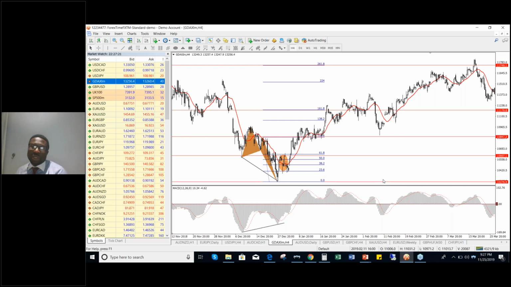This will help you in profit management. All things being equal, if we have a favorable market, then we have all these profits booked in our favor.